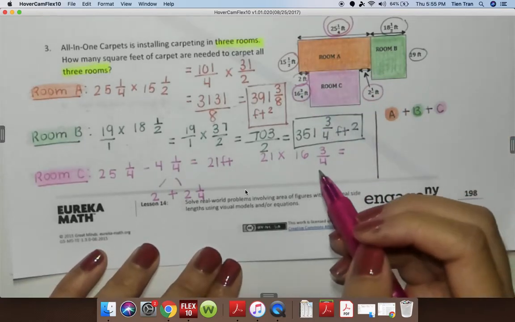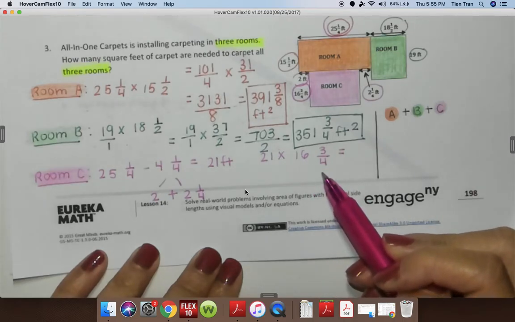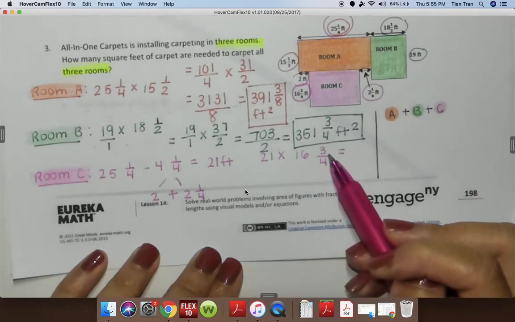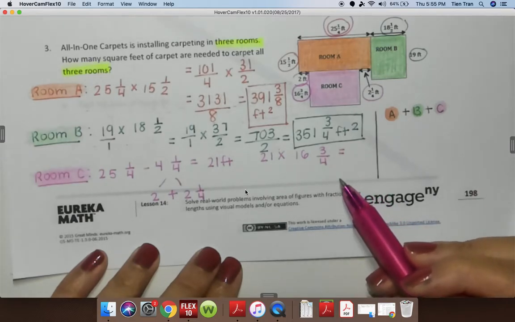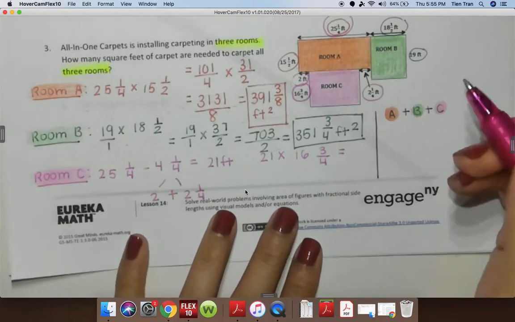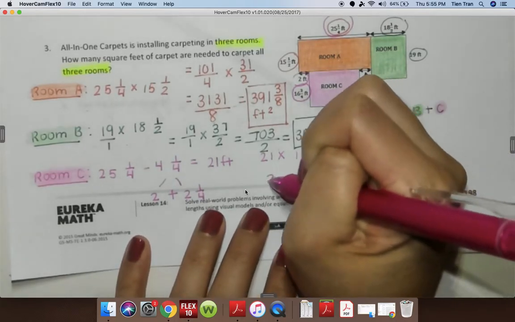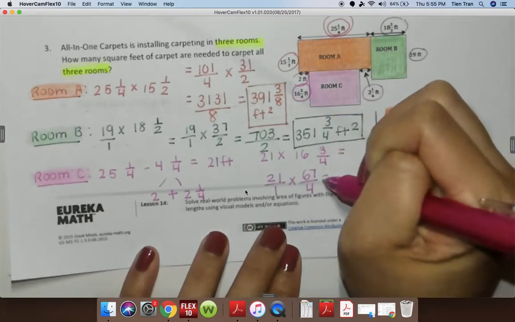Okay? Now, I'm going to multiply 16 times 4 and then add 3. And 16 times 4, it's going to give me 64. And 64 plus 3 is going to give me 67. So I'm going to write 67/4. Over here, 21 over 1.